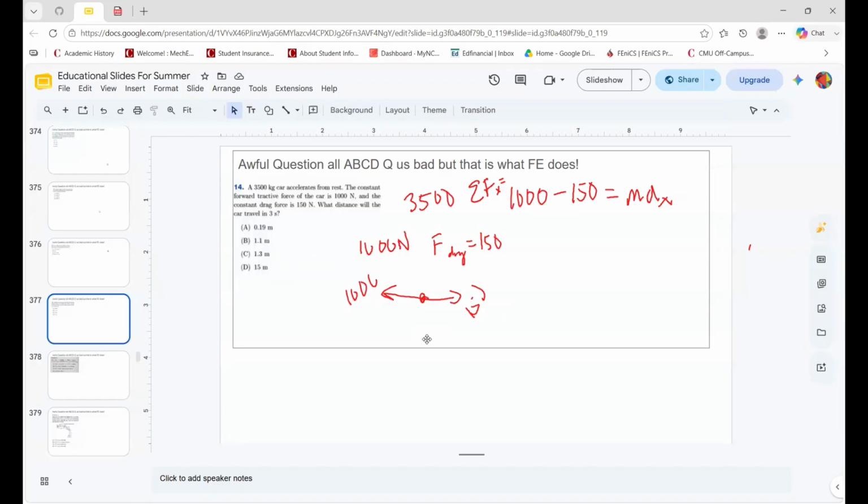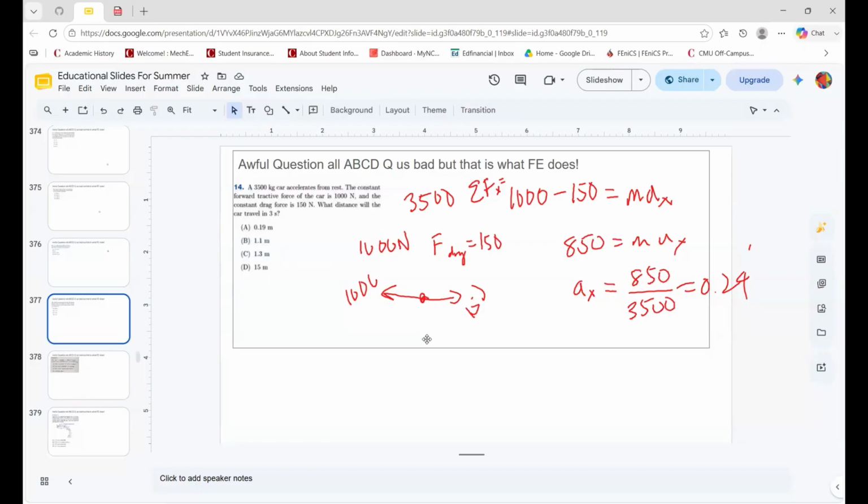I'm assuming there's no other force, so that is 1,000 minus 150, which is 850 equal ma. So a equals 850 divided by the mass, which is 3500, which is about 0.24. With that said, that's constant.